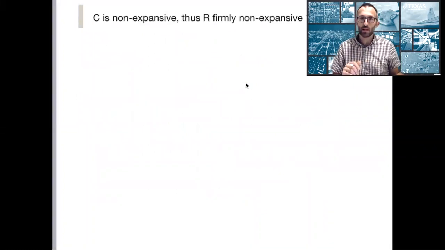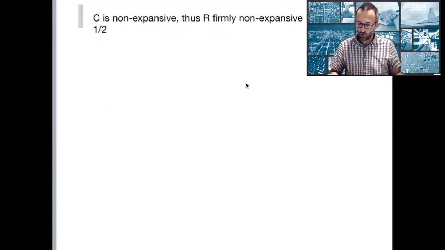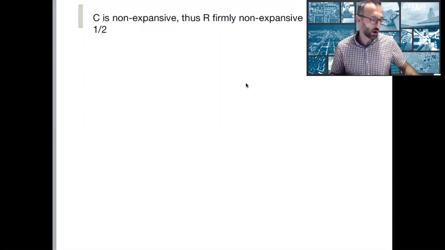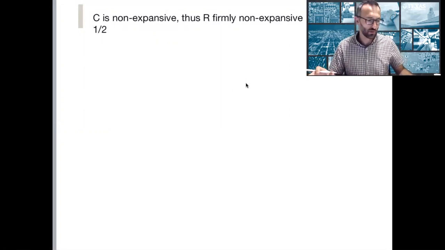Okay, so let's look at the problem of showing that, so this is slide 1 out of 2 on this. Let's show that C is non-expansive. And in particular, that'll immediately show us that R is firmly non-expansive. So the claim is that if F is monotone, lambda is non-negative, then C is non-expansive. We're going to break this down into 2 parts.